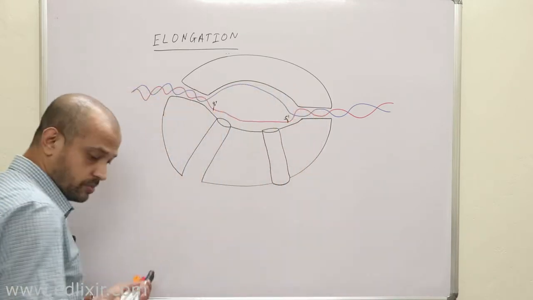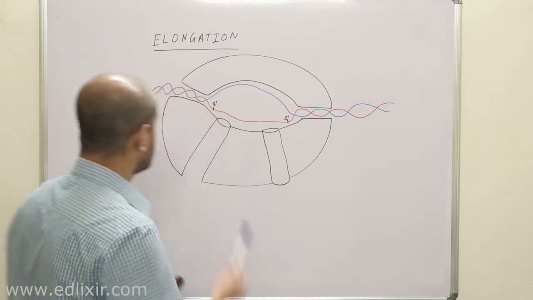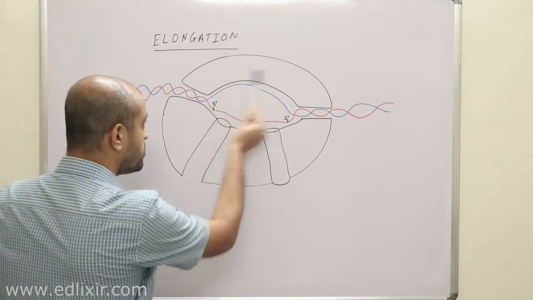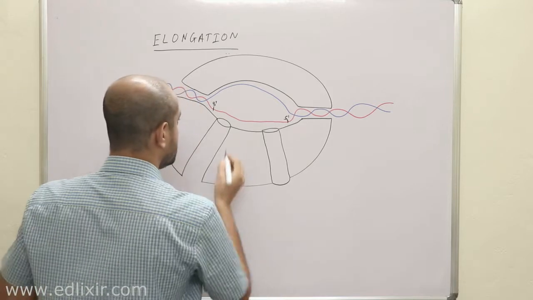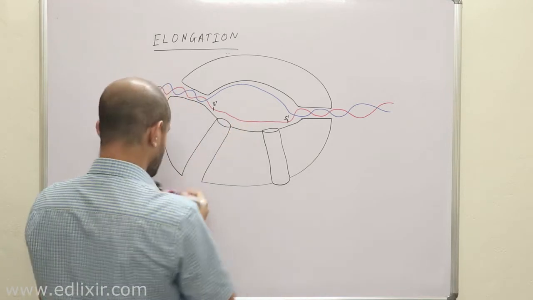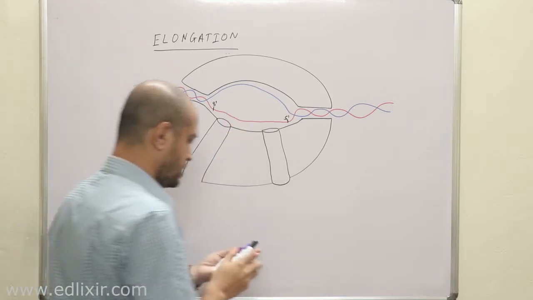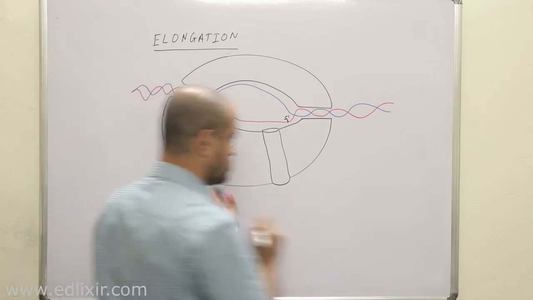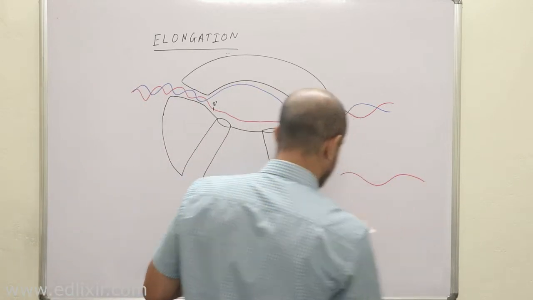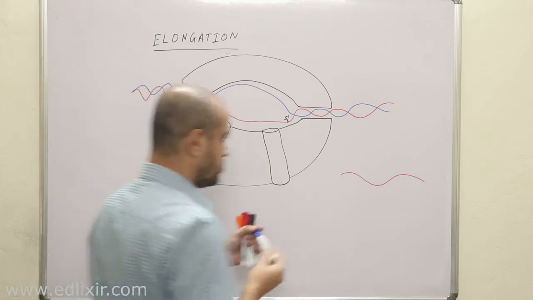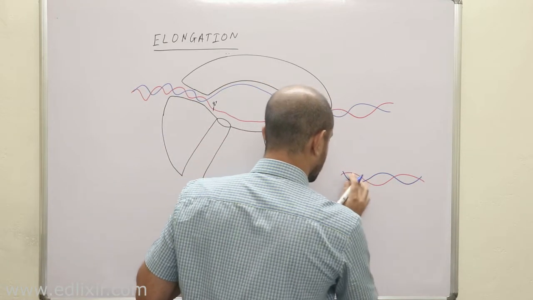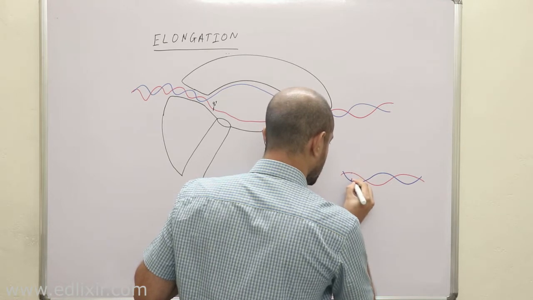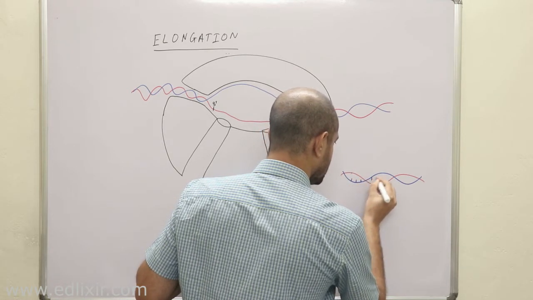Now listen, suppose this RNA polymerase has started transcription, okay. I just want you to understand one basic thing: in a DNA, both the strands are facing each other, right? Both the strands are facing each other, right?